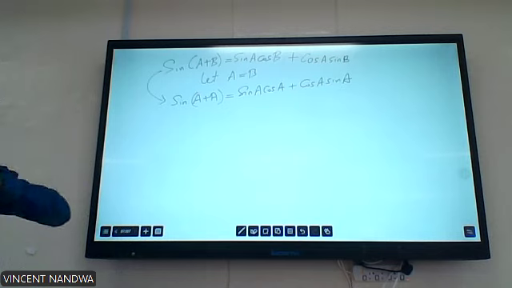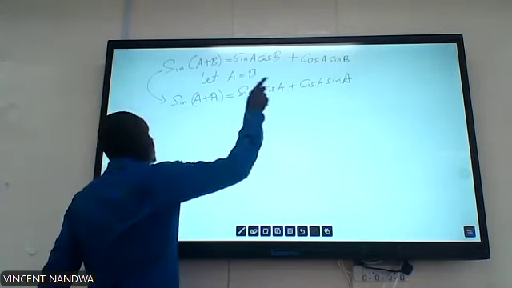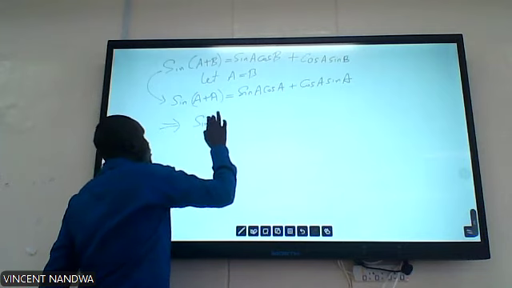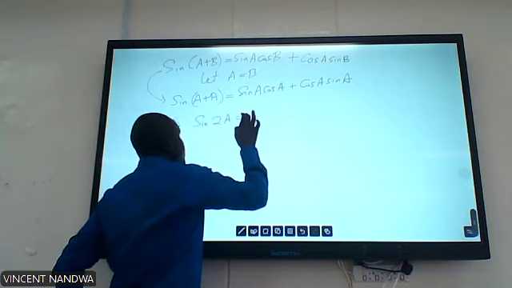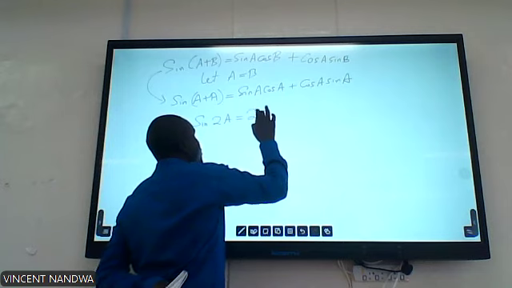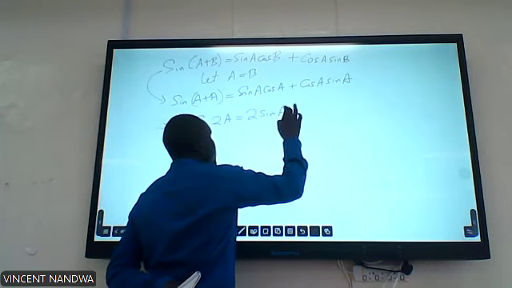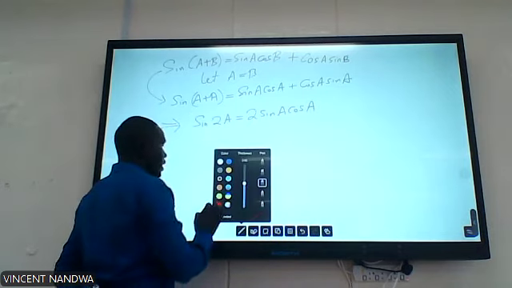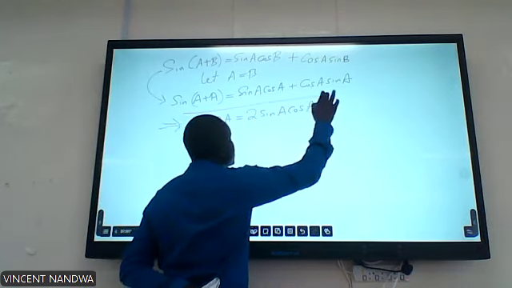So remember, X and Y is the same. This implies sine 2A is the same as 2 sine A cos A. Add this to your toolbox.